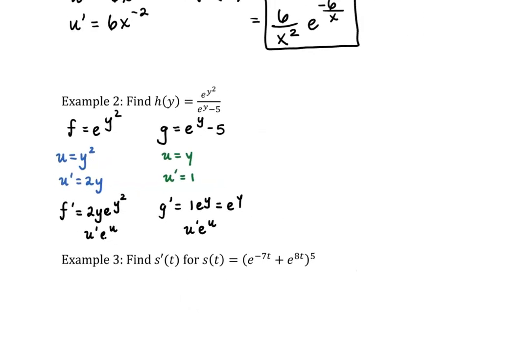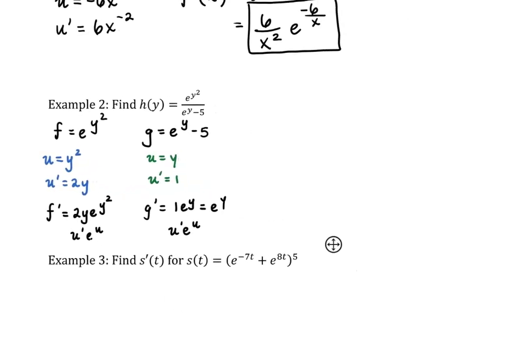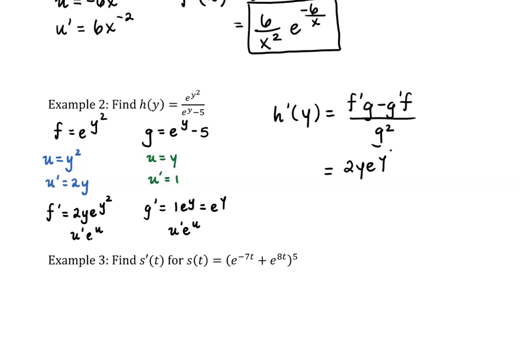So now that we have all 4 of those, we're ready to go and write what the derivative of our function is, our h prime of y. Remember that we are using the quotient rule, which is f prime g minus g prime f all over g squared. So for f prime, we have 2y e to the y squared, and then we're multiplying. Make sure that this looks like an exponent on the e.